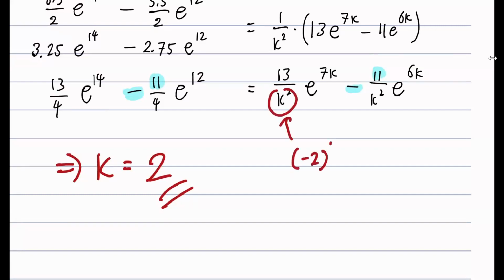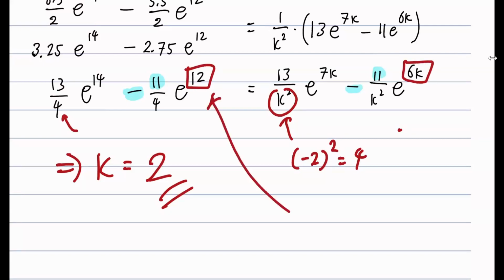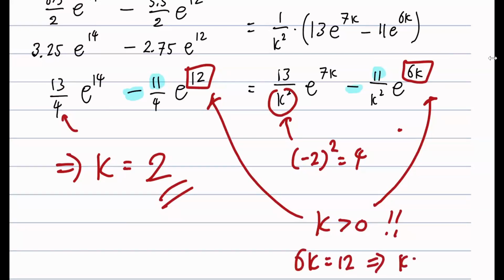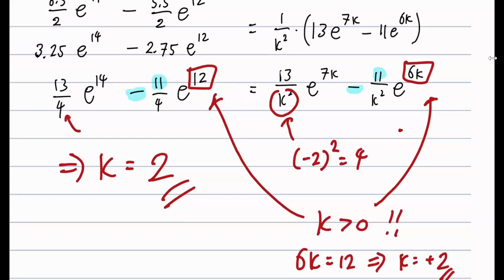If k is negative 2, squared is 4. But 6 times negative 2 is negative 12. Yes, 6k and 12. You need the k to be positive. 6k equal to 12, there's only one answer, positive 2. Interesting question.